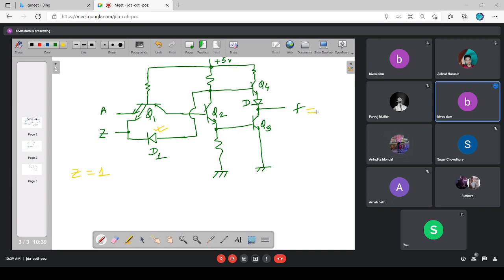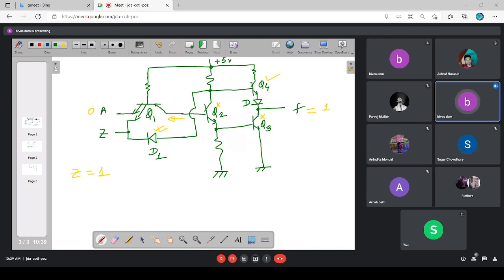In case A is 0, what happens to Q1? Normal mode. If it is normal mode, the current is moving away from the base of Q2, so Q2 will be off. Naturally, Q3 will be off. And as Q3 and Q2 are off, Q4 is on, and the output is logic 1.